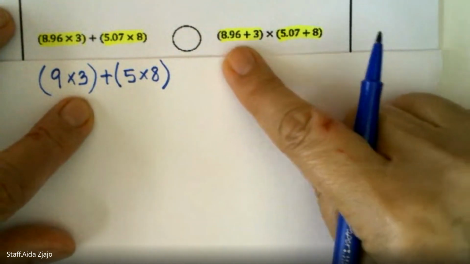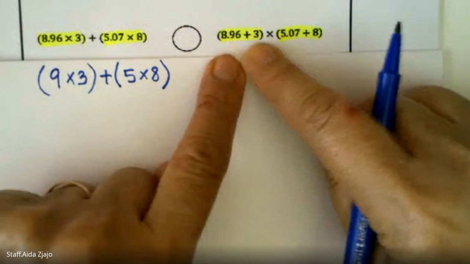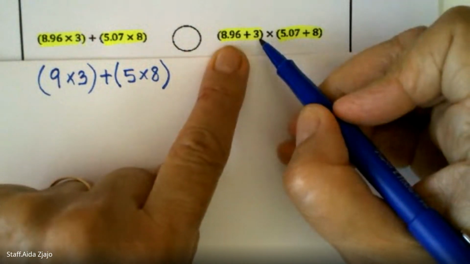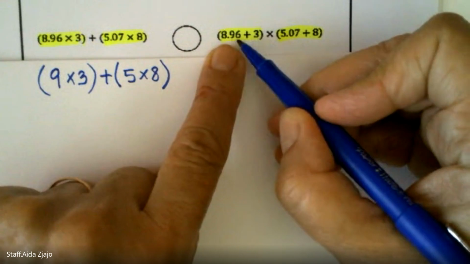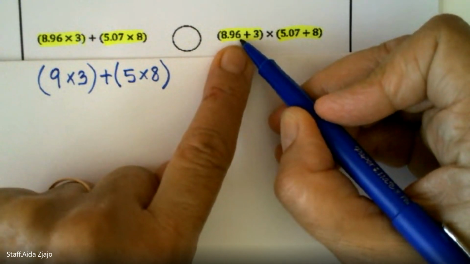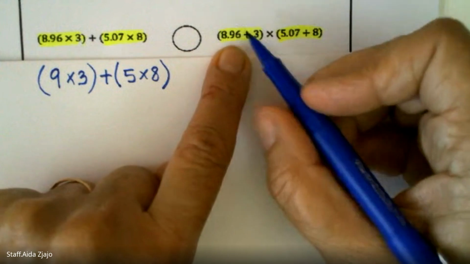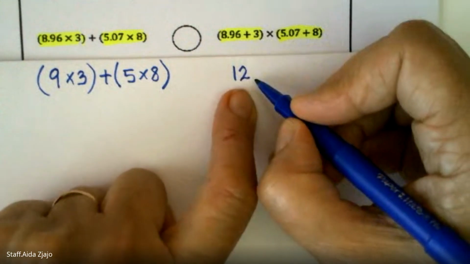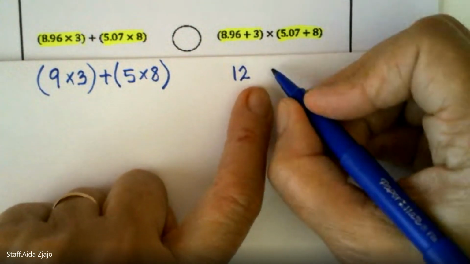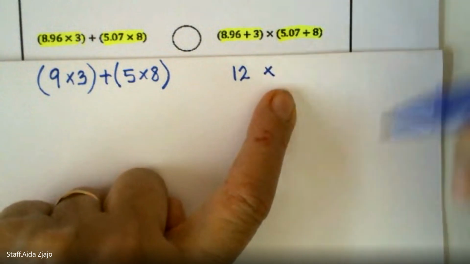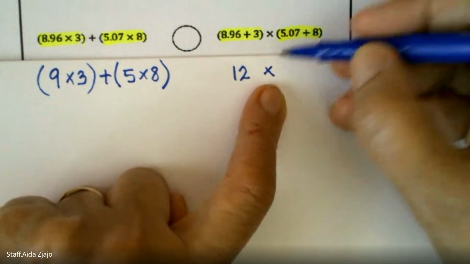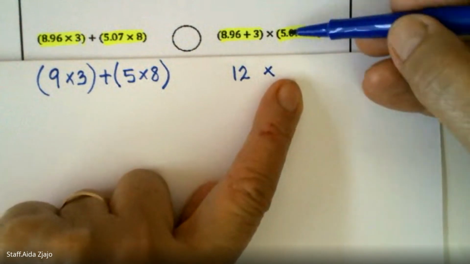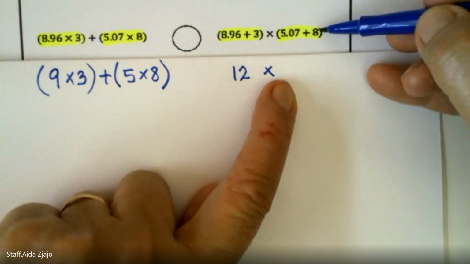Okay, and now if we add this 8 wholes plus 3 wholes, that makes 11 wholes and 96/100. So that's about 12. This sum would be about 12. And then you will add the multiply. This is 5 wholes plus 8 wholes.